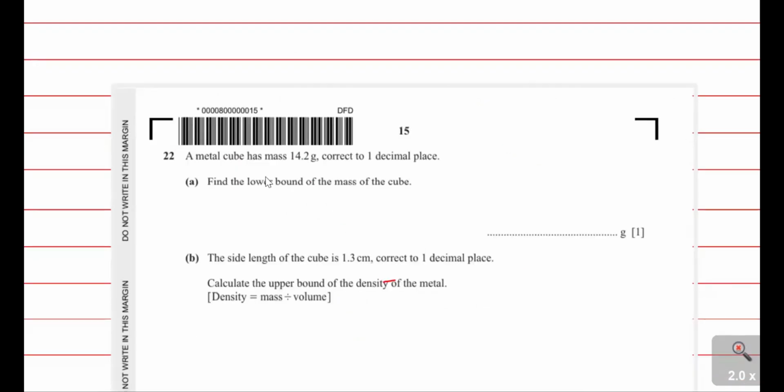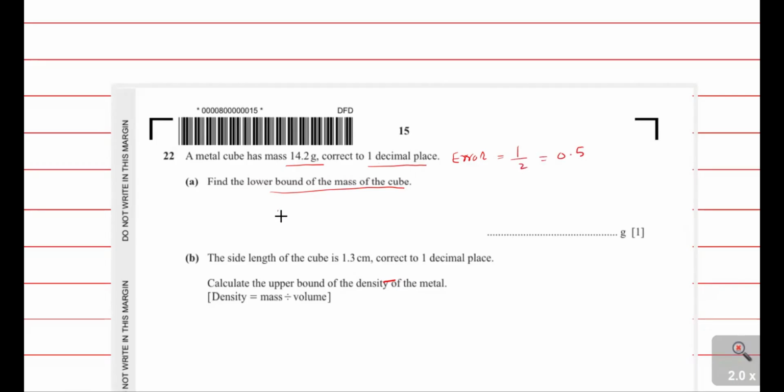Question 22. A metal cube has a mass 14.2 gram correct to one decimal place. Find the lower bound of the mass of the cube. Look here, the accuracy is one decimal place and the error of this value will be 1 over 2, which is equal to 0.5.